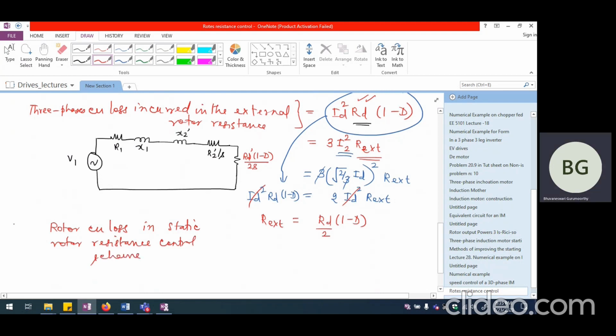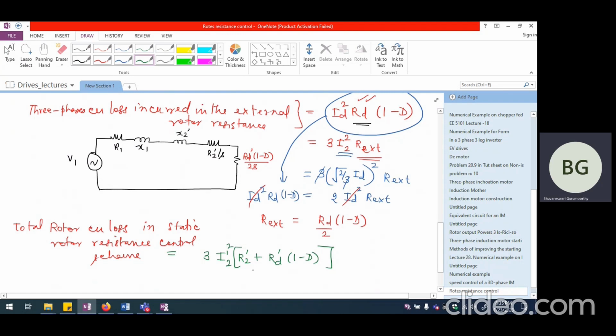So the total rotor copper loss in static rotor resistance control scheme will be equal to I2 dash square multiplied by R2 dash plus RD dash multiplied by 1 minus D. So this is going to be the per phase loss. So this has to be multiplied by 3.